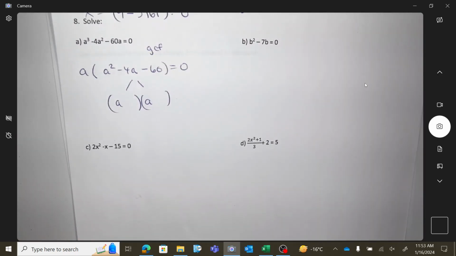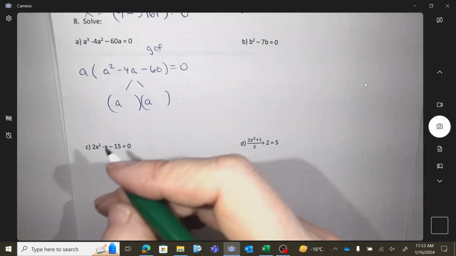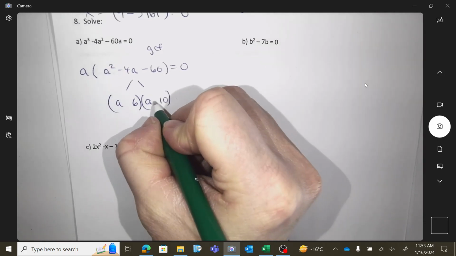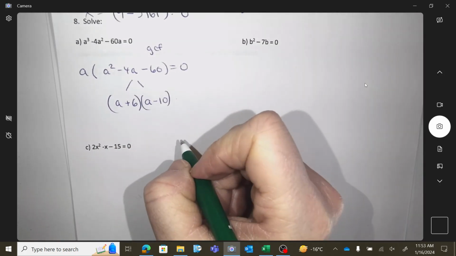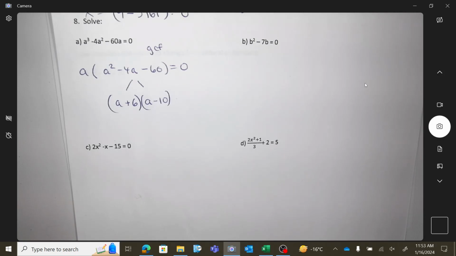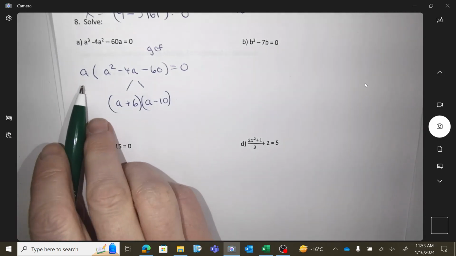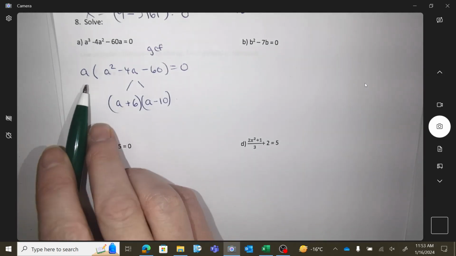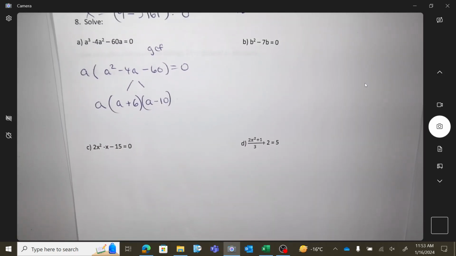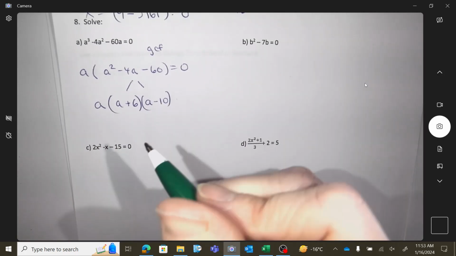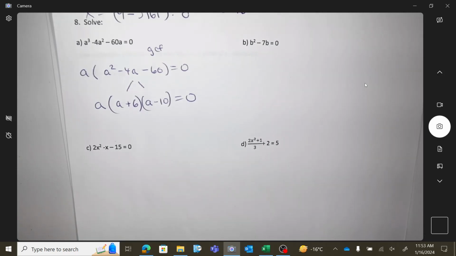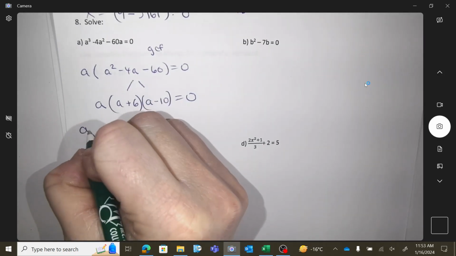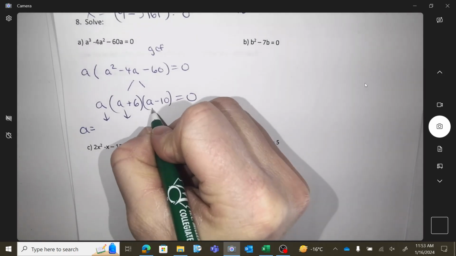Do you have something that can multiply to 60 and then add up to 4? Okay, what do you need to do with this though? It's still in there as a multiplier. So you have 3 answers on this one. A could be what, or what.